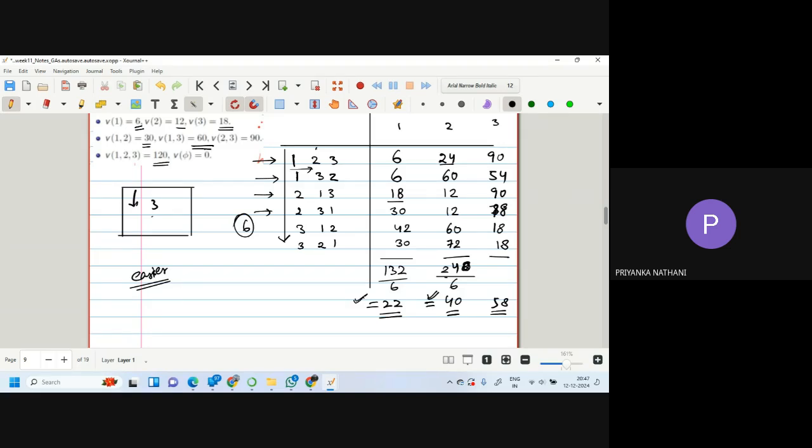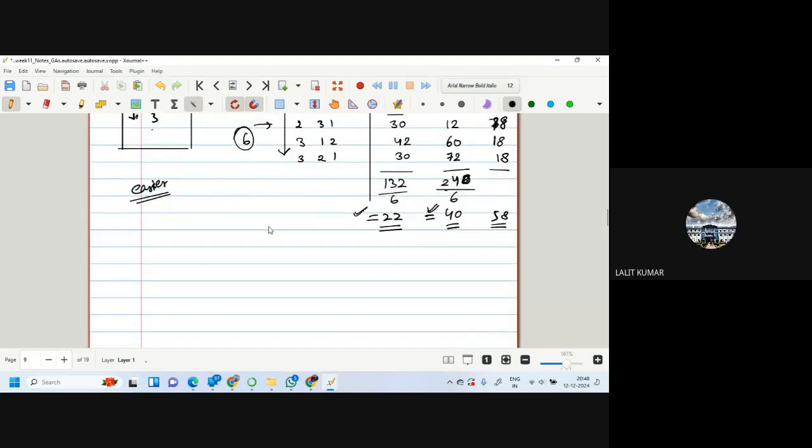Just reconciling. We had V1 and V2, and then minus V1's contribution to get V2. I will write the formulas. Marginal contribution of 1 is equal to value of 1 2 minus value of 2, which is equal to value of 1 3 minus value of 3.